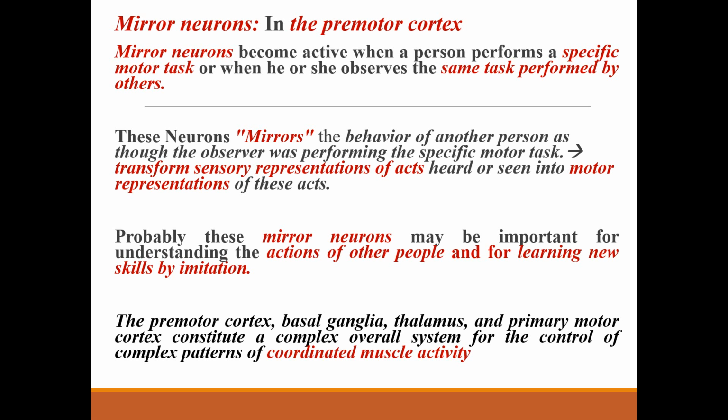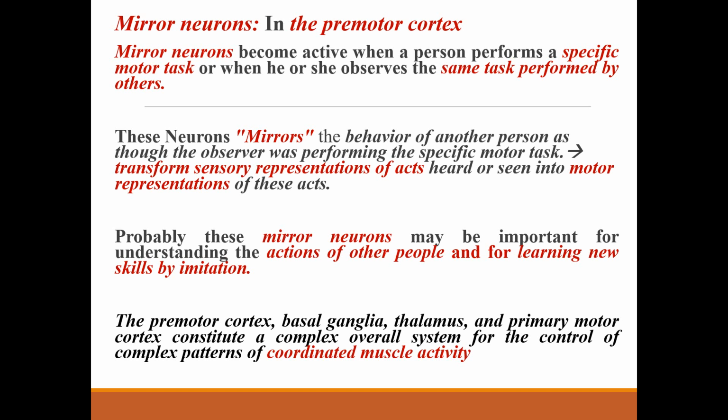So the concept of mirror neurons, that is important. These neurons mirror the behavior of another person as though the observer was performing the specific motor task, transforming sensory representations of acts heard or seen into motor representations of these acts.